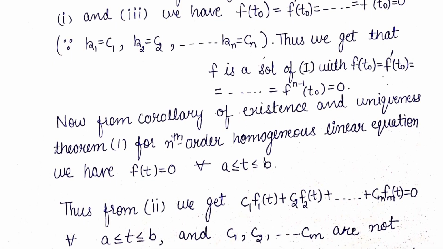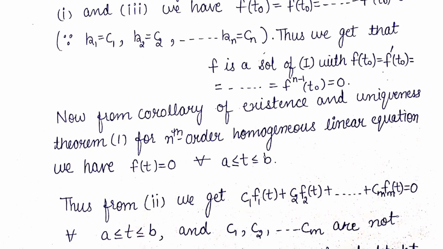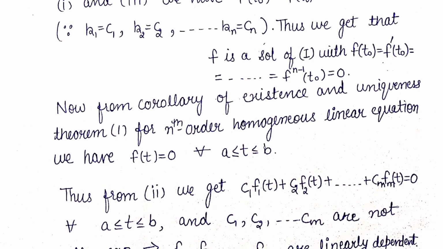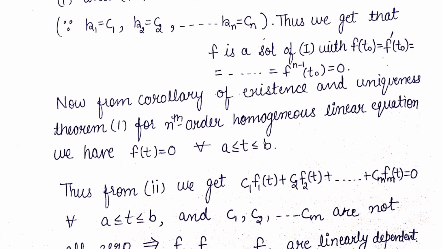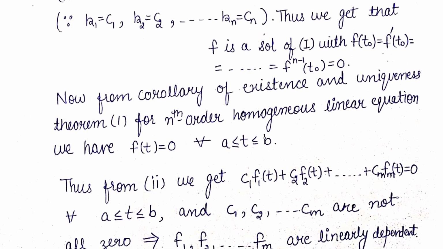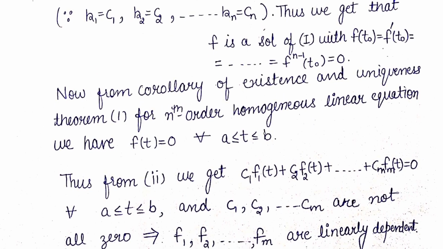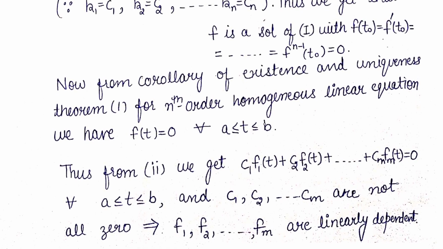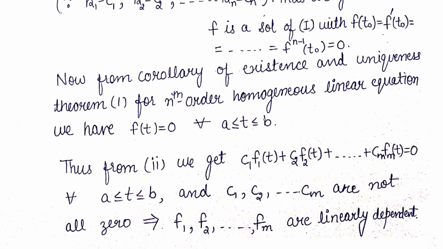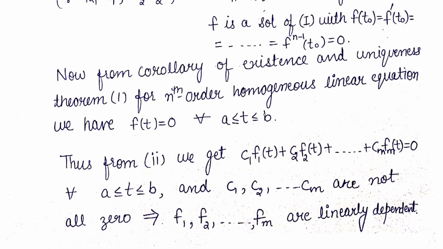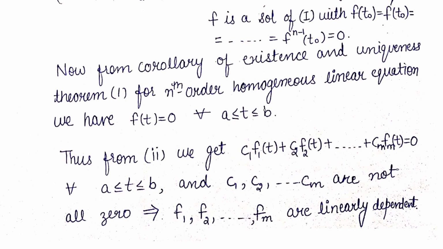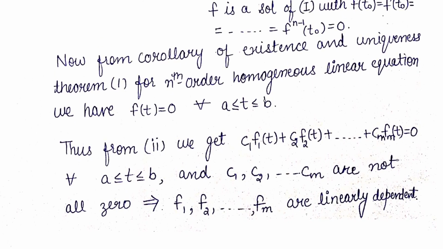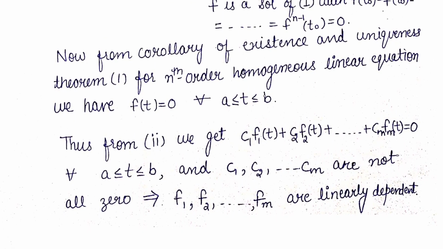Thus, from equation 2, we get that c1 f1 t plus c2 f2 t plus cn fn t is equal to 0. But c1, c2, cn are not all 0. So what does this imply? This implies that f1, f2, fn are linearly dependent because c1, c2, cm are not all 0, but the combination c1 f1 plus c2 f2 plus cm fm is 0.